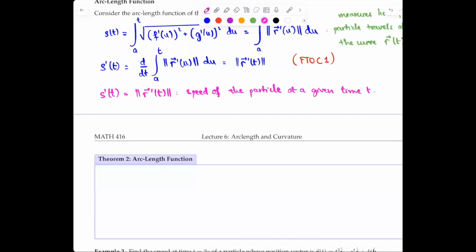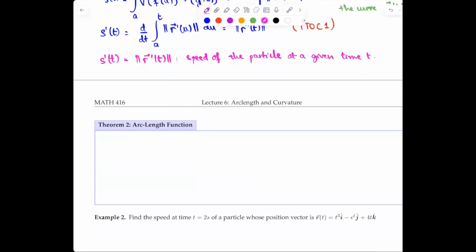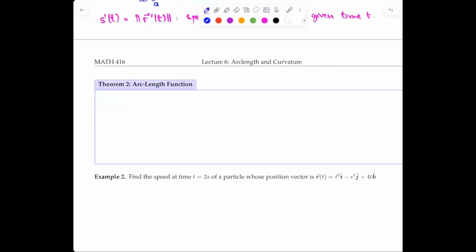Okay, so we're going to put all of this information into this box to make it formal. Let r of t be a vector valued function for t greater than or equal to a.